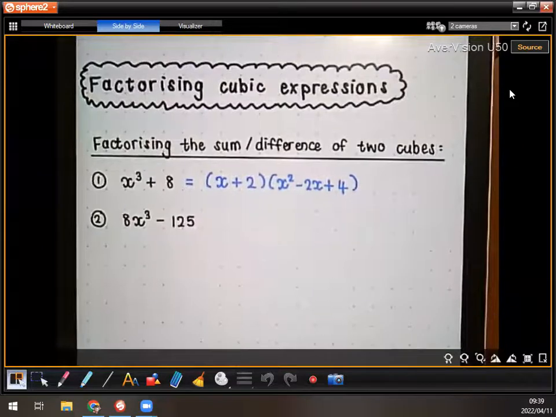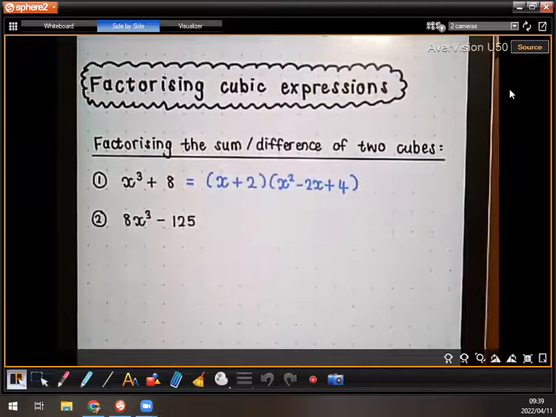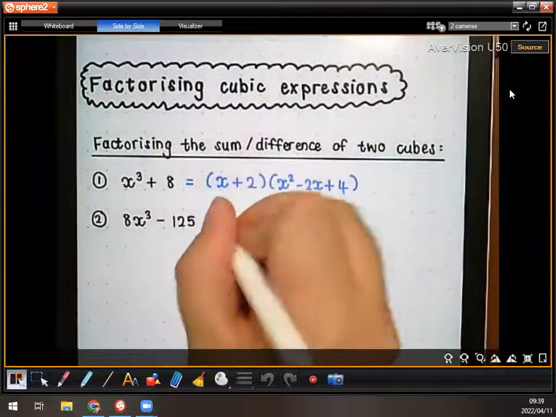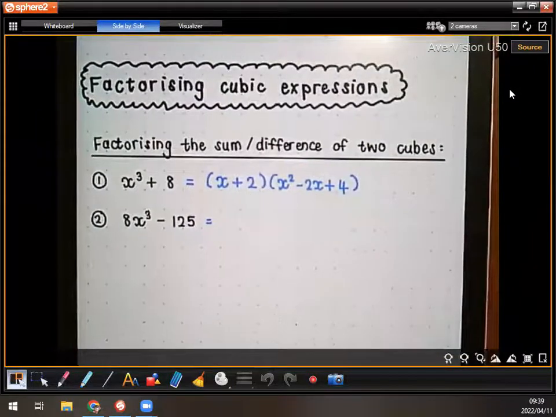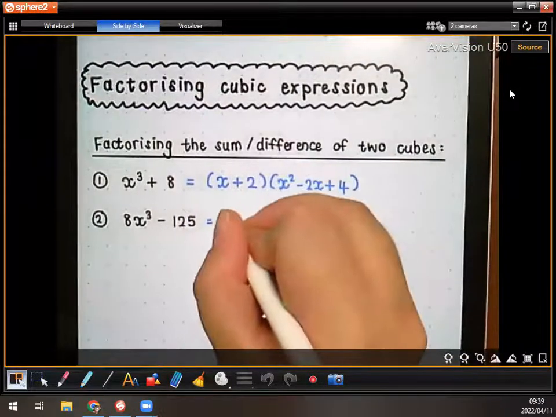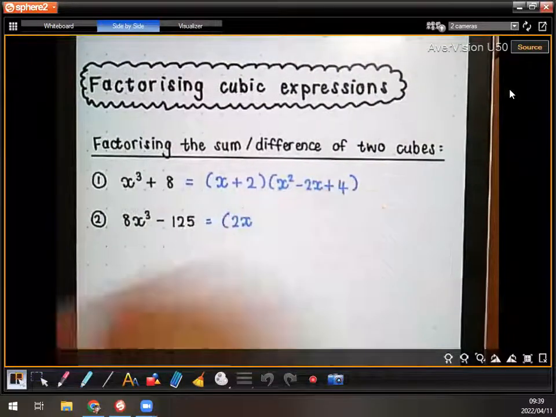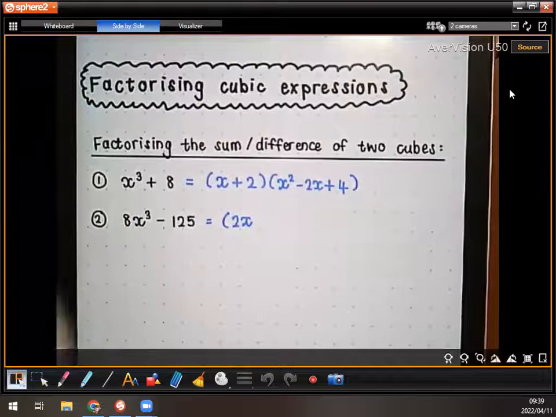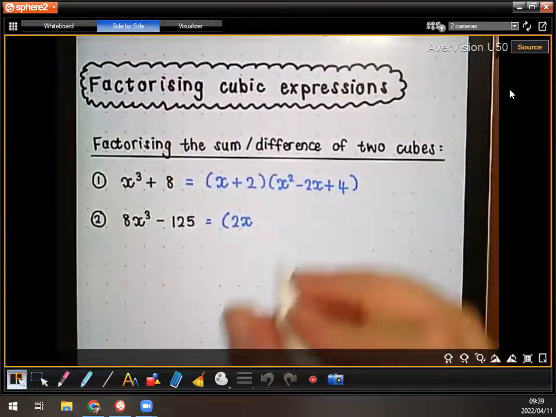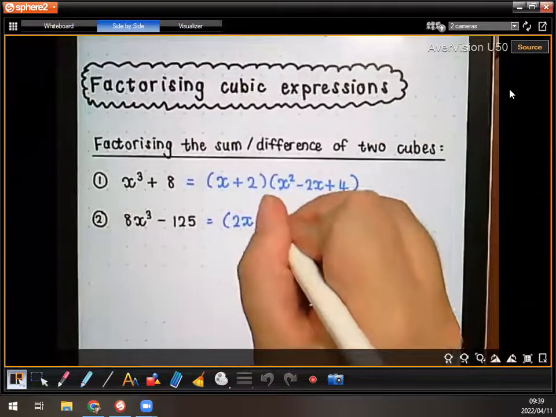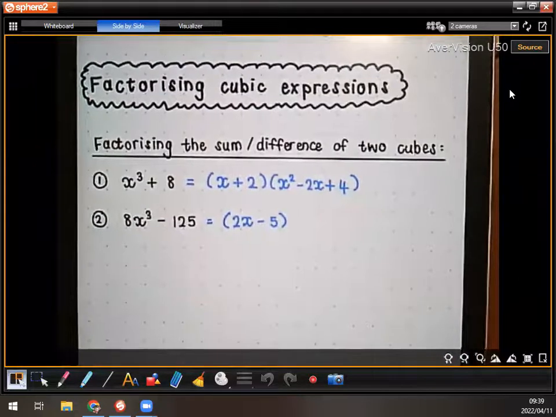Okay, 8x cubed minus 125, right? Both of those terms are cubes. They have cube roots. What is the cube root of 8x cubed? 2x. What is the cube root of negative 125? Negative 5. So the sign in the binomial is always the same as the sign in between your terms.